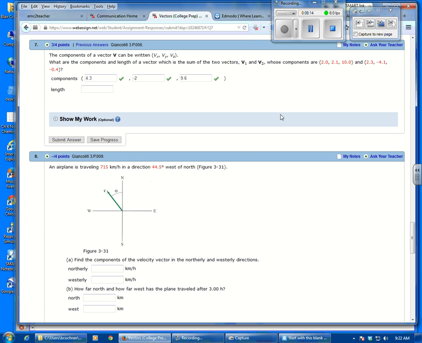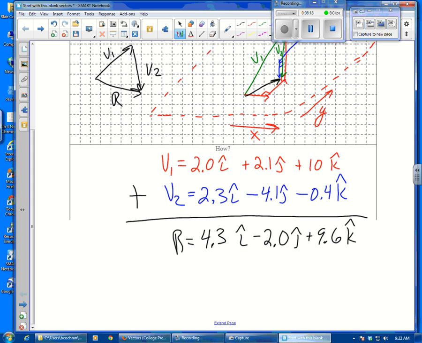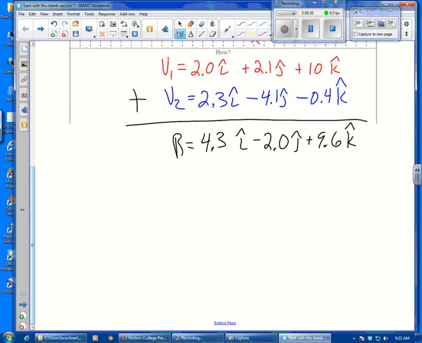Well, I don't want to do another nasty drawing on you. Because there's a form of something that I call 3D Pythagoras. We all know Pythagoras, right? A squared plus B squared is C squared.